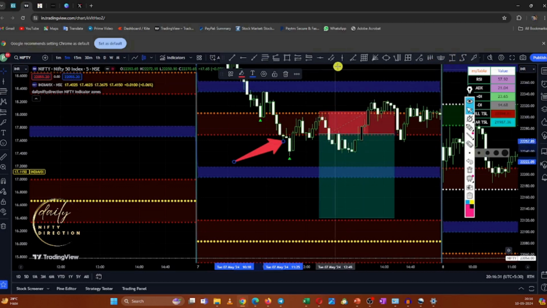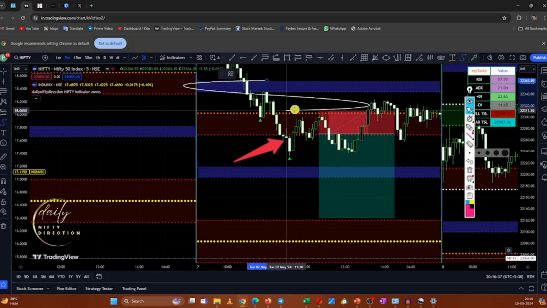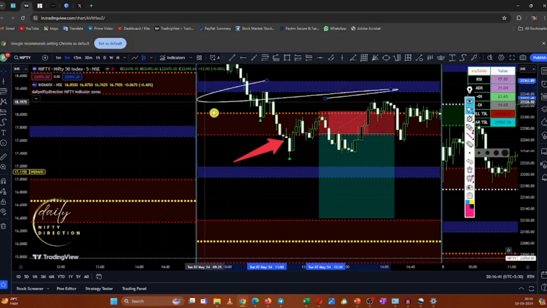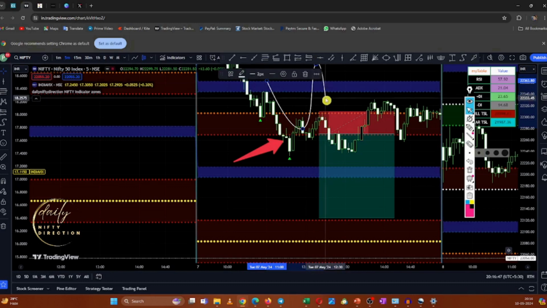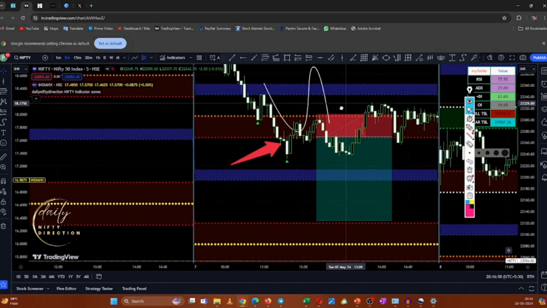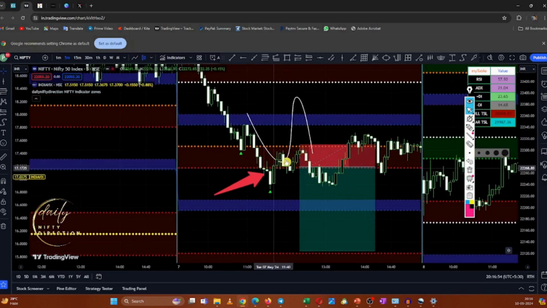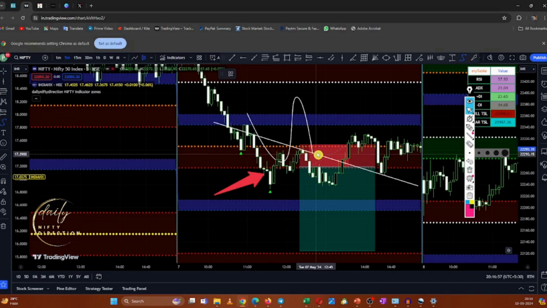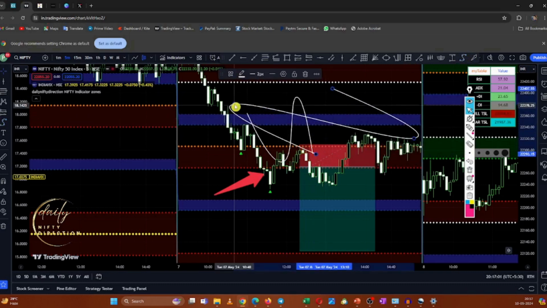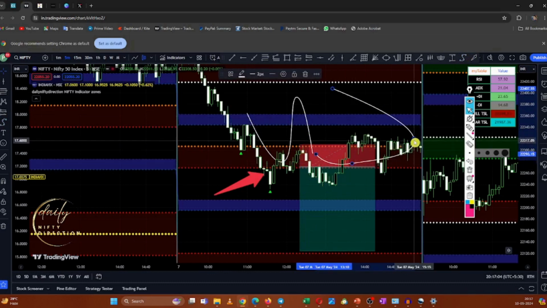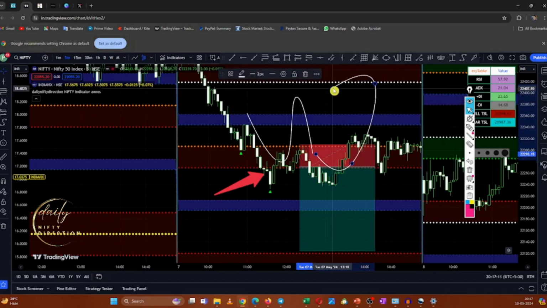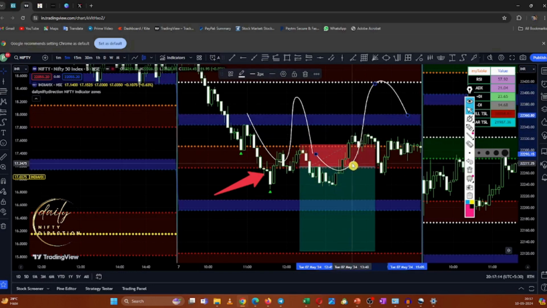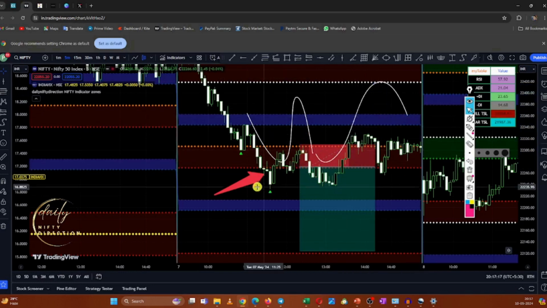Had it been like this, that it came here and then you would have taken the bullish trade, but since it has been broken here, you will not take this trade. Okay, it was broken.